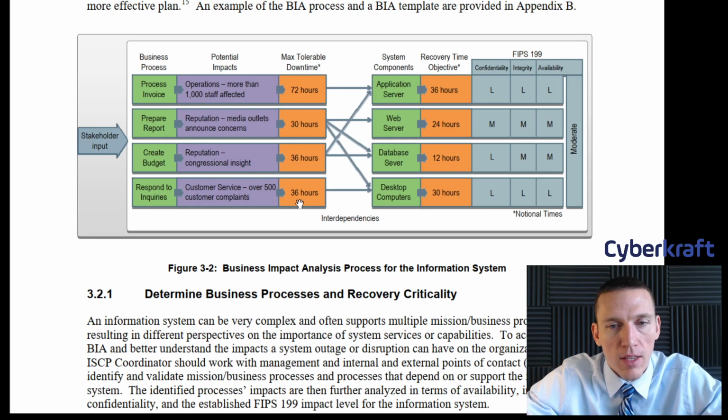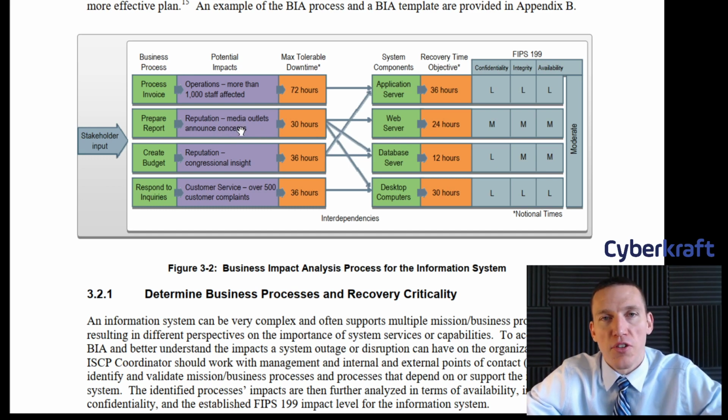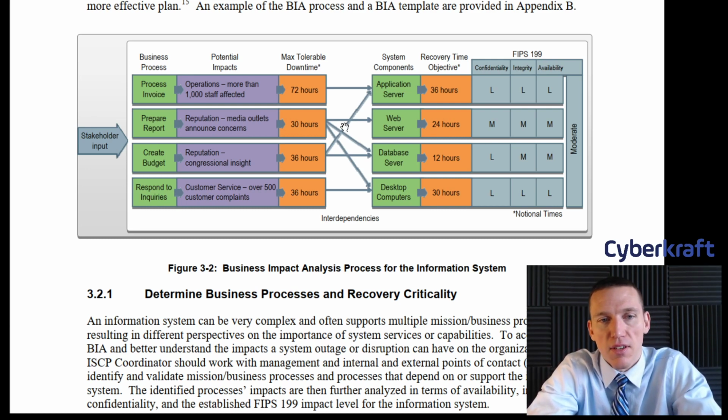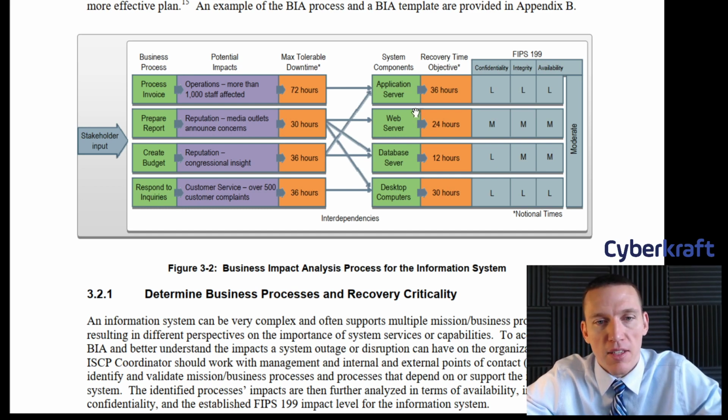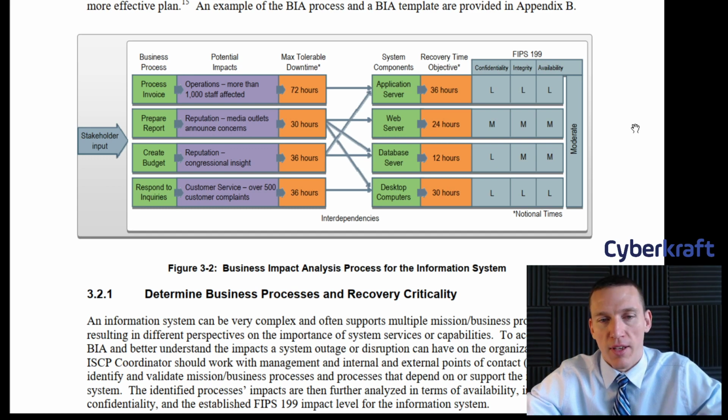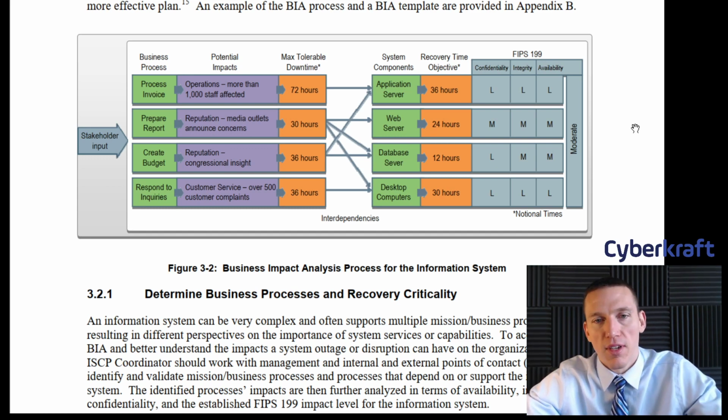Okay? As opposed to, let's say, we have the prepare report. Prepare report has a potential reputational impact and a maximum tolerable downtime of 30 hours. So 30 hours being the least lenient of the maximum tolerable downtimes here, and that system component is the web server with a recovery time objective of only 24 hours, which is the second shortest.